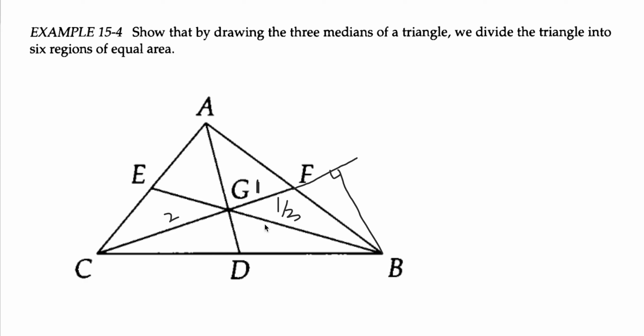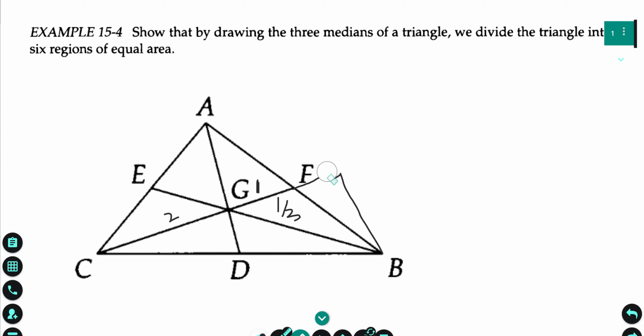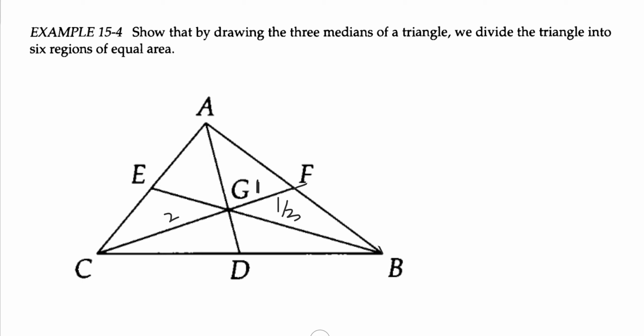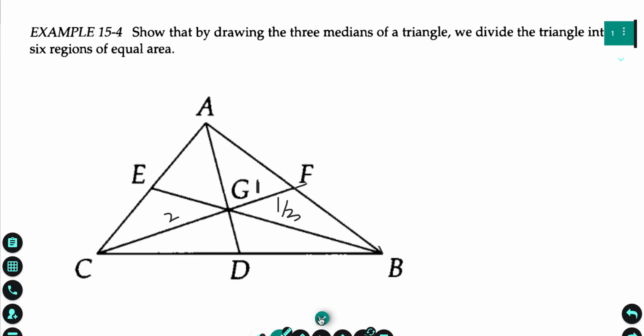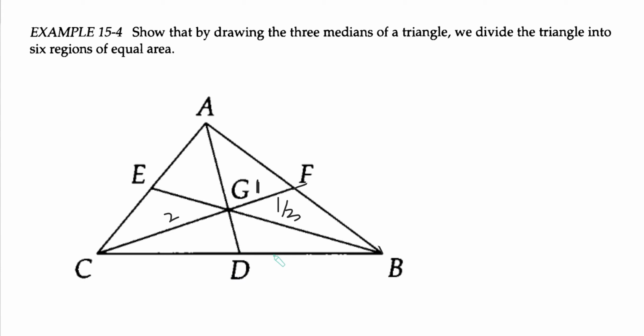Okay. Now what? It's easy to see that this triangle and this triangle have equal areas because they share this altitude and of course have the same base. But how do I show that?